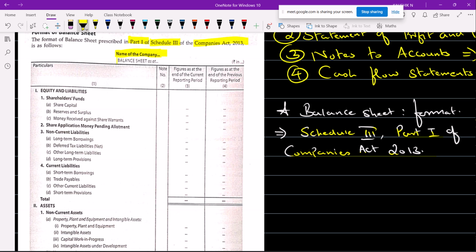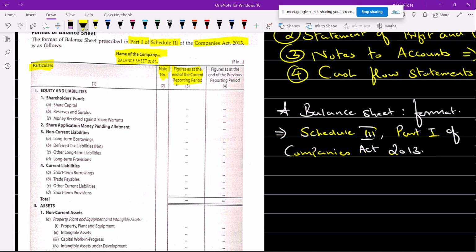Then you'll write "Balance sheet as at". Followed by that, you will have the particulars column, and then one column as the note number column. If you're preparing the balance sheet only for the current year, then you'll have only the figures as at the end of the current year.